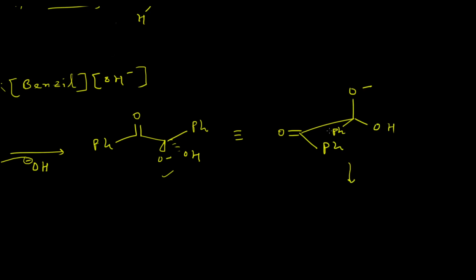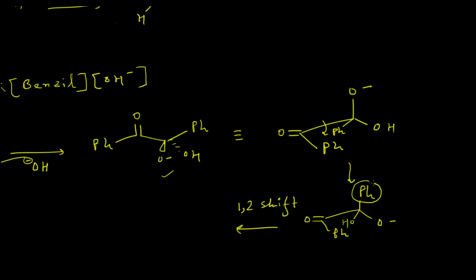After that, a single bond free rotation between these two carbon atoms will produce this conformation. Why am I writing so? Because in the next step, the actual intramolecular rearrangement will happen, which is a 1,2 shift of this particular phenyl group.